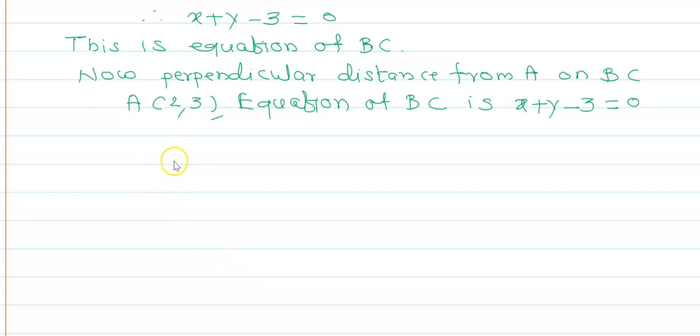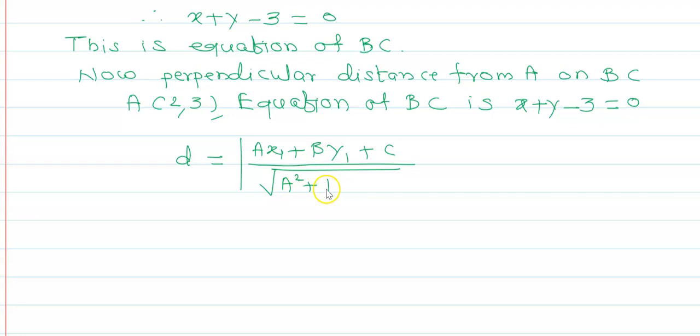What is the formula for the length of the altitude? It is d equals (a x1 plus b y1 plus c) upon the square root of (a square plus b square).